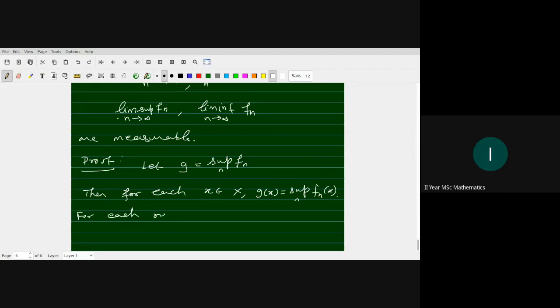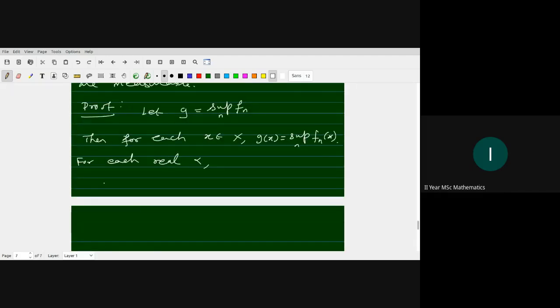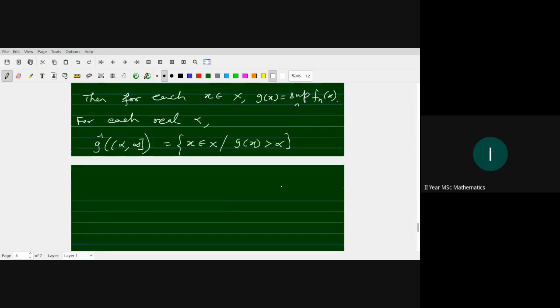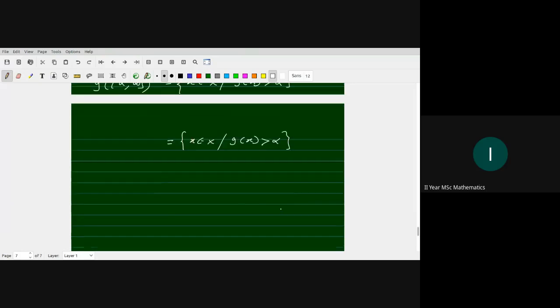For each real alpha, we are going to prove that g inverse of (alpha, infinity), which is the set of all x in capital X such that g of x is greater than alpha, is measurable.